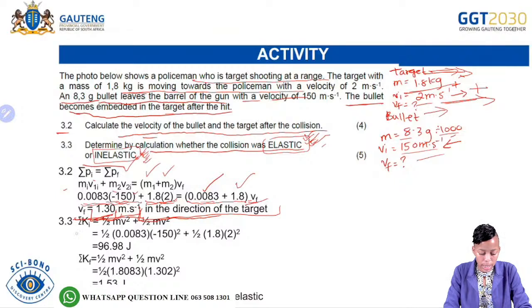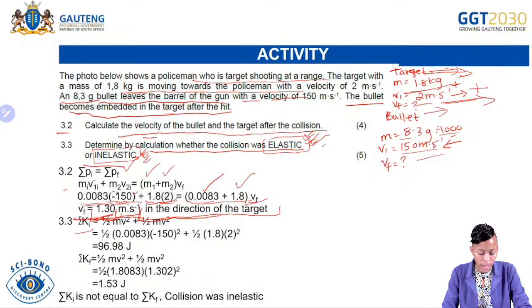So here the sum of the kinetic energy before the collision is equal to half mv squared plus half mv squared.